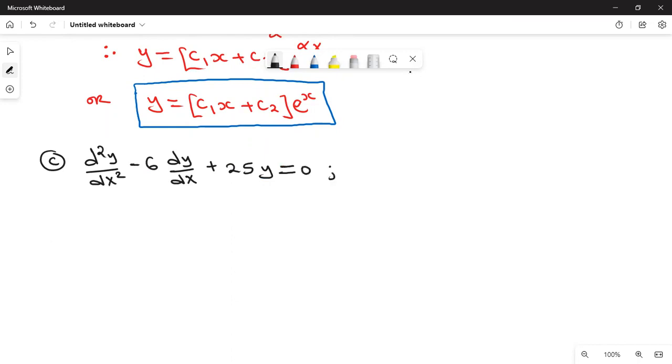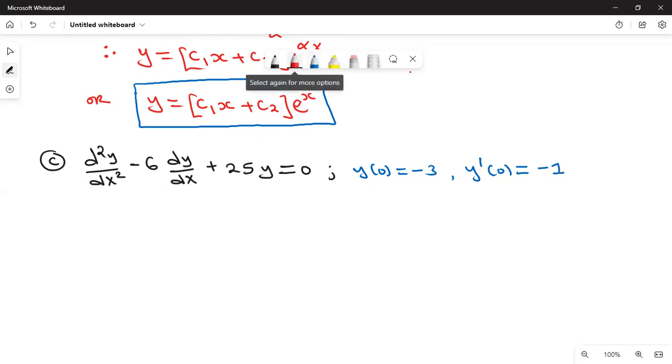The conditions are y of 0 is equal to negative 3, and the other one, y prime 0, is equal to negative 1.